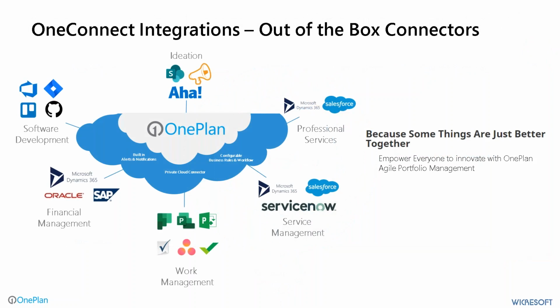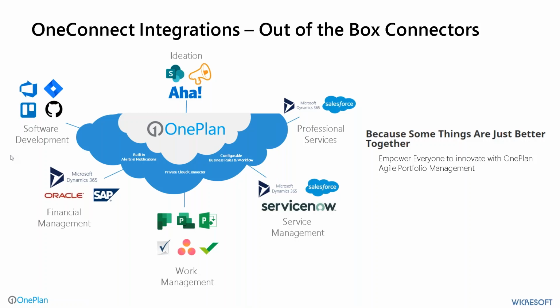The integration is a key component to all of this, to scaling Agile. The teams are working in existing solutions, and it's likely they will continue to do that. So to that end, OnePlan built since the beginning an integration platform called OneConnect.